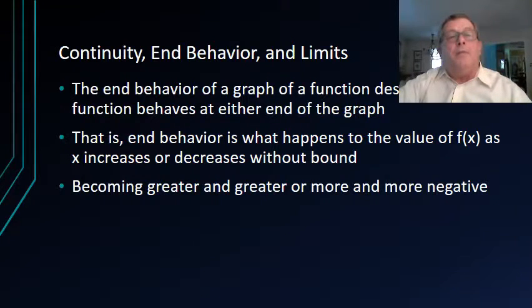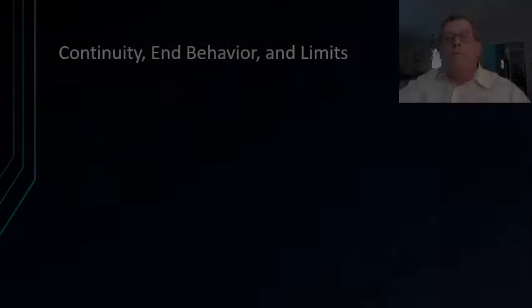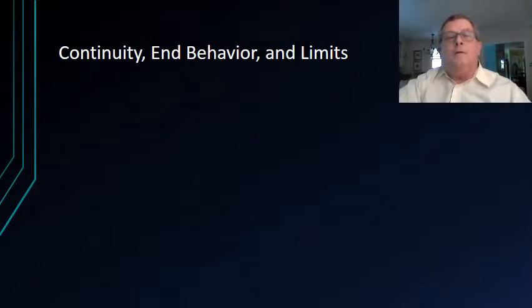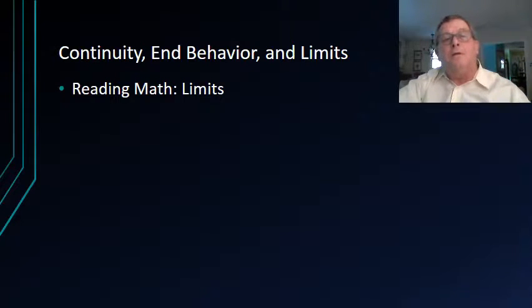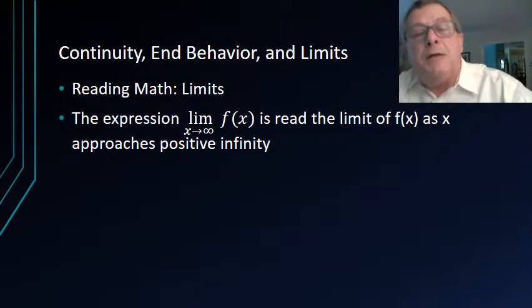And coming back to limits, we can describe the behavior of a graph by using limits, and we'll take a quick look at that. So in terms of describing end behavior using limits, let's look at how that goes. If we've got an expression that goes like this, the limit, and most of the time you're actually going to see x approaching written underneath the word limit.